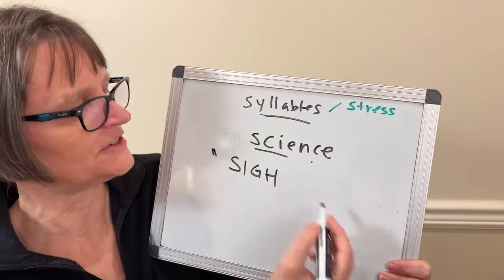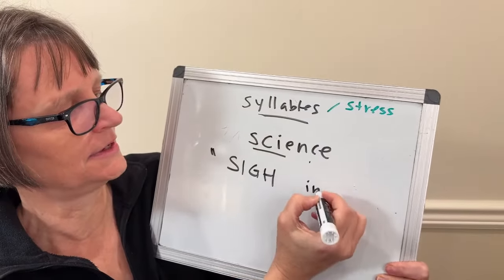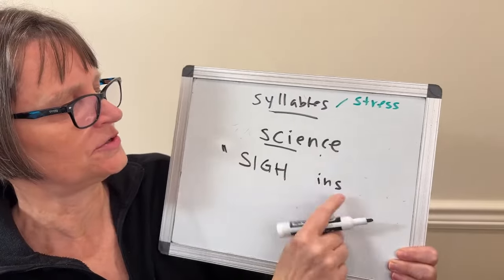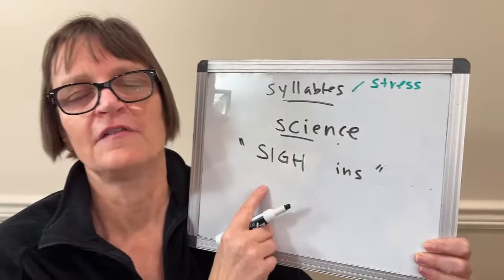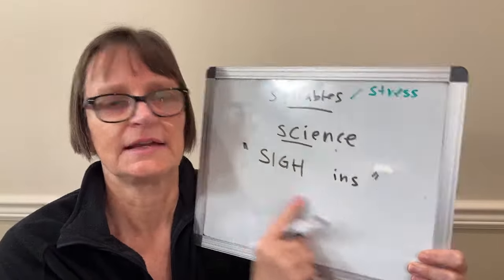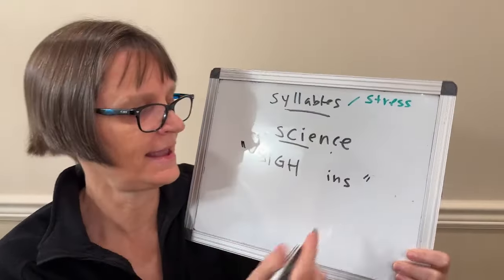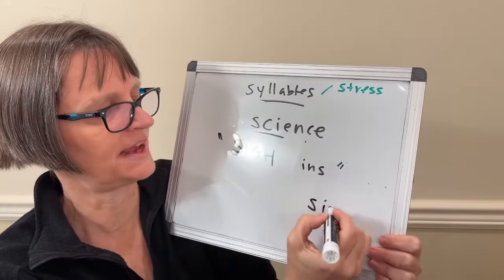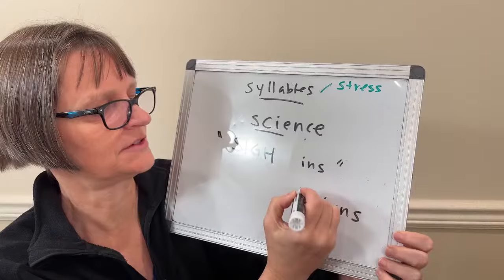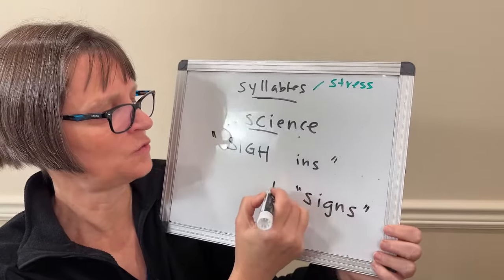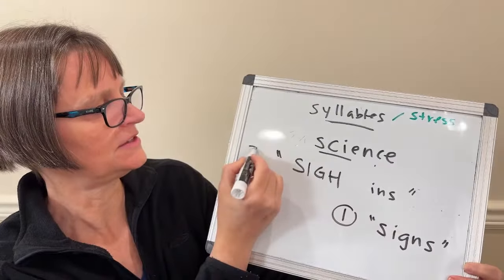So in science, these are our 2 syllables. If I just say those sounds, it may end up sounding more like I'm saying the word signs. That has 1 syllable, but science has 2.